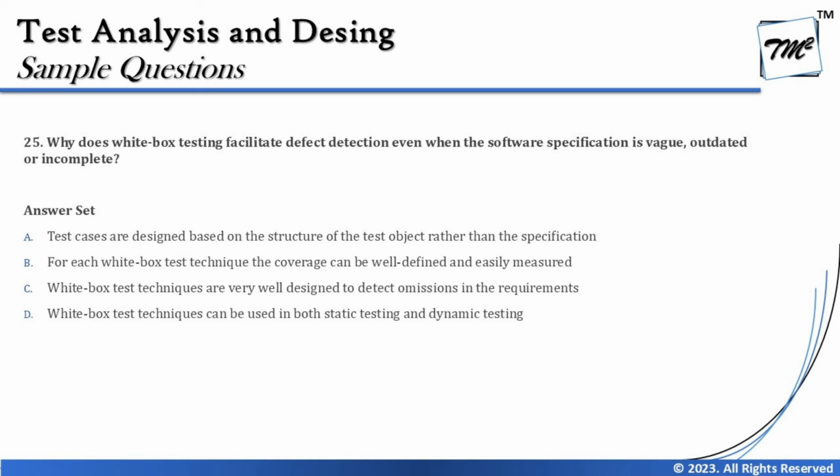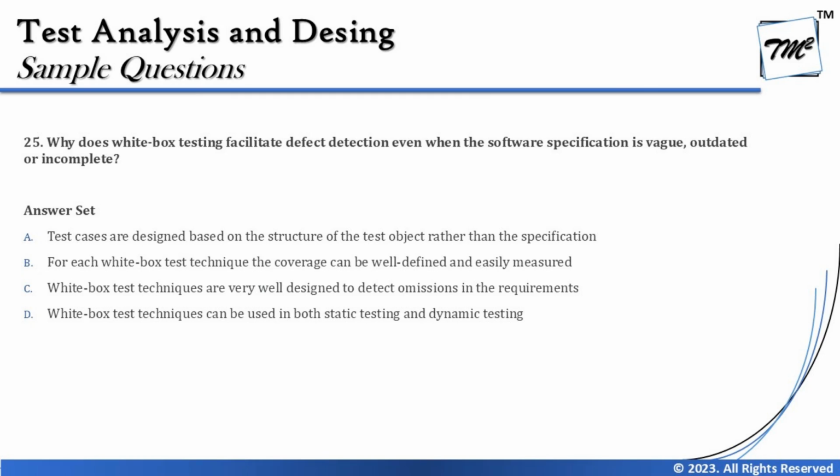Static testing is even applicable to requirements and design review. But when you say specifications are poorly defined, that's not something I can pick as the conclusive answer compared to the other option which I have.